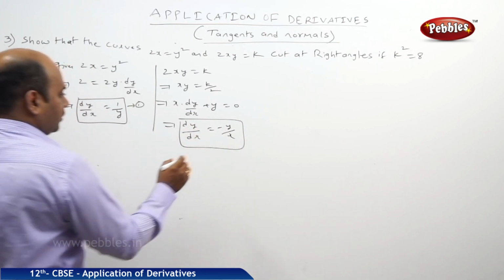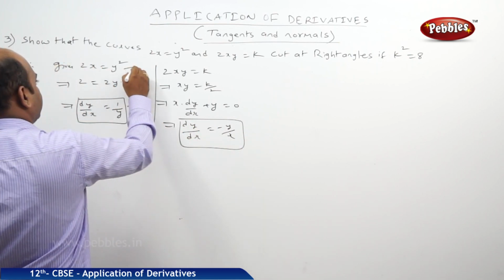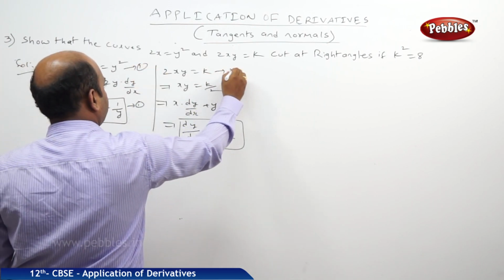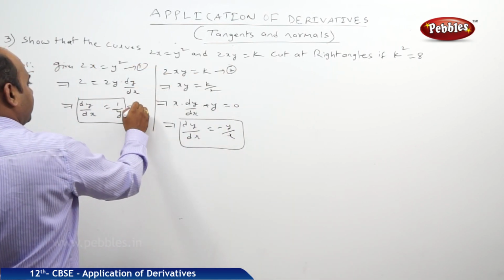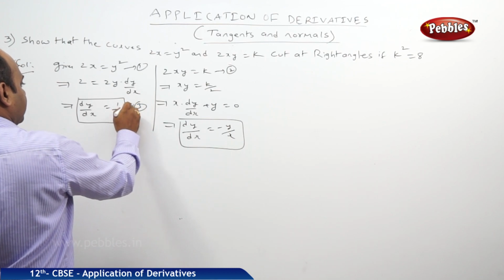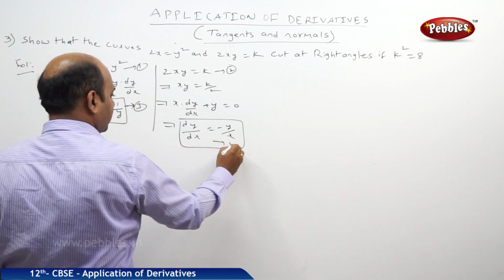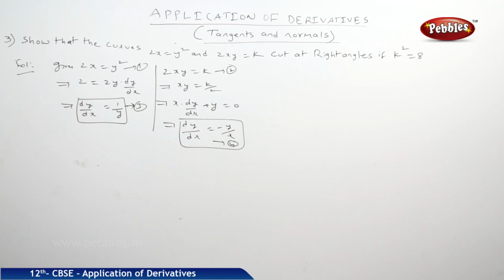Now I call this as 1 and this as 2. I will change the numbering. This as 3 and this particular box as 4. Now I try to solve 1 and 2. Given y square is equal to 2x, or else 2xy is equal to k.